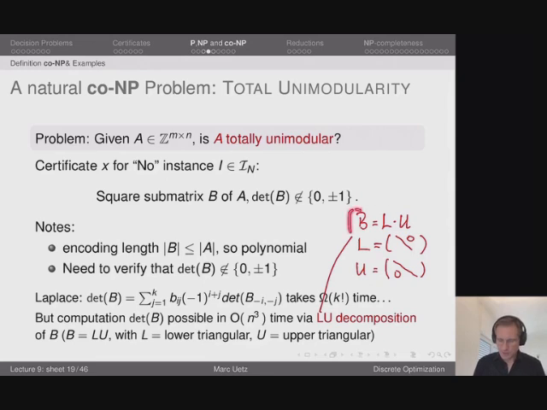And the computation of such an LU decomposition can be done in time n to the 3.